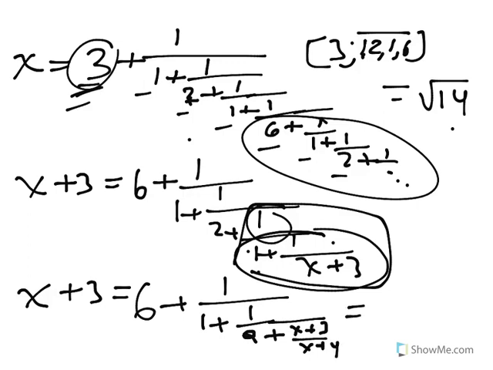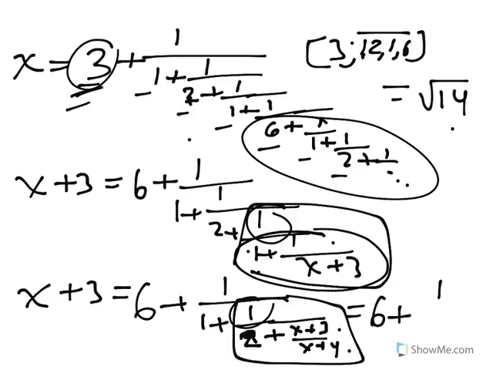Next, I'm going to work on this piece. 2 is the same thing as 2x plus 8 over x plus 4. So this becomes 3x plus 11 over x plus 4. And then with the 1 on top becomes x plus 4 over 3x plus 11.